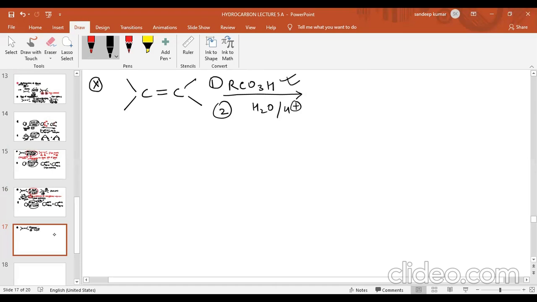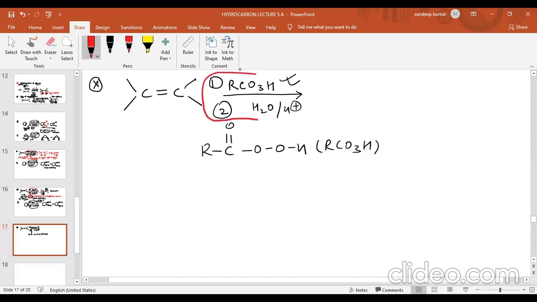This RCO3H can also be written like this, RC double bond O and H. So this compound is basically RCO3H. Now, the main point is this reagent will also provide two OH groups for addition, and these two OH groups will come from the opposite side of plane.